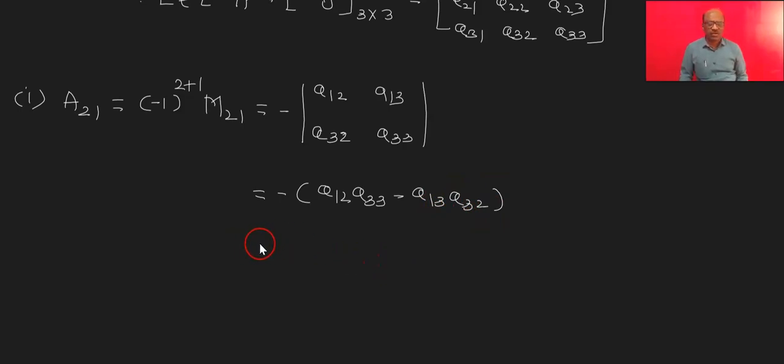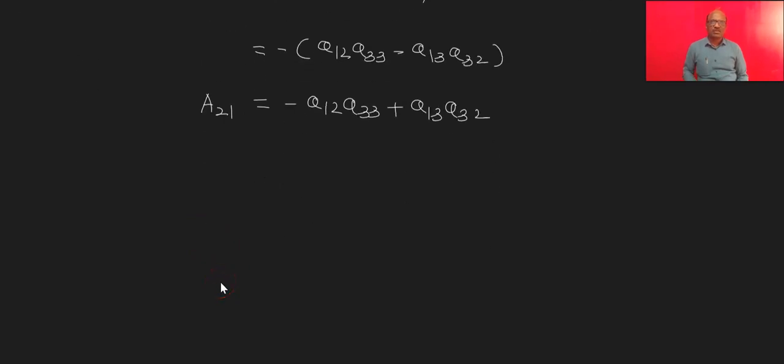If you operate the negative sign, then you will get minus a12 a33 plus a13 a32. This is the value of A21. Now the next is A22.